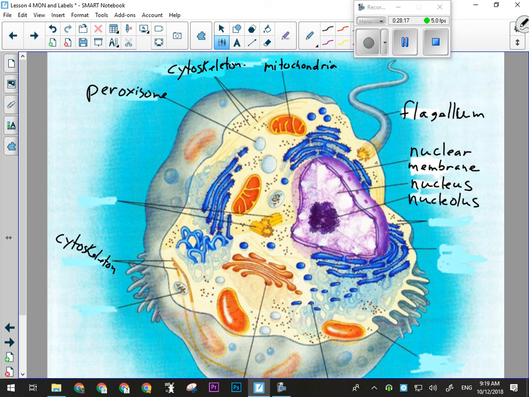Okay, on the note of synthesis of proteins, we have this little forked line here that is pointing at the little dots that are floating free and the little dots attached to this blue stuff. The little dots are what make protein, and they are called ribosomes.